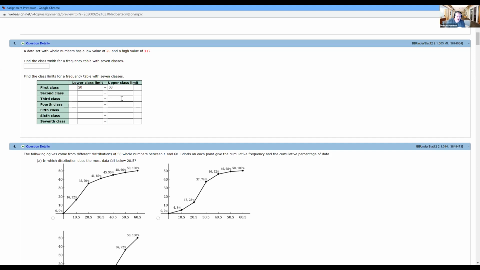Now, if you set up the first one right, shouldn't you be able to do the others a lot quicker? Because isn't the pattern here 14? Everything's to do with 14. So I'm going to go down this group, and this one would be 34. 14 more would get you 48. 14 more would be 62.